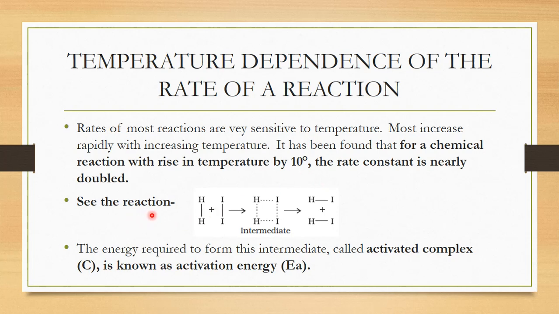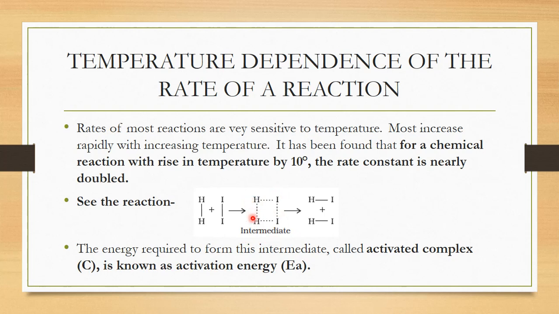Let us see this reaction: H2 plus I2 to form 2 moles of HI. Here you can see the bond between H-H and I-I needs to be broken and the bond between H-I needs to be formed. So in between the reaction, such a type of intermediate is formed where no bond is complete.